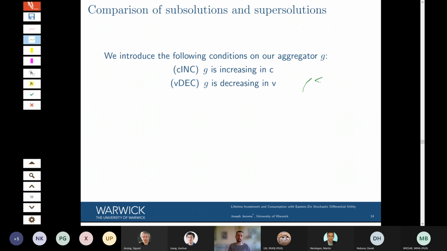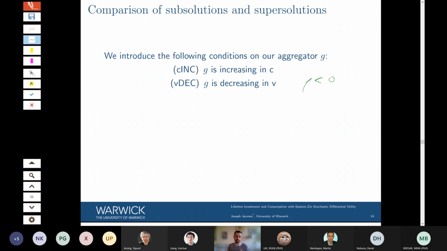And that's going to correspond to the case rho less than 0. And actually, this is the case that's studied in all of the Epstein-Zin SDU literature. If this doesn't hold, then we're actually in the case where we have multiple solutions associated to any consumption stream.